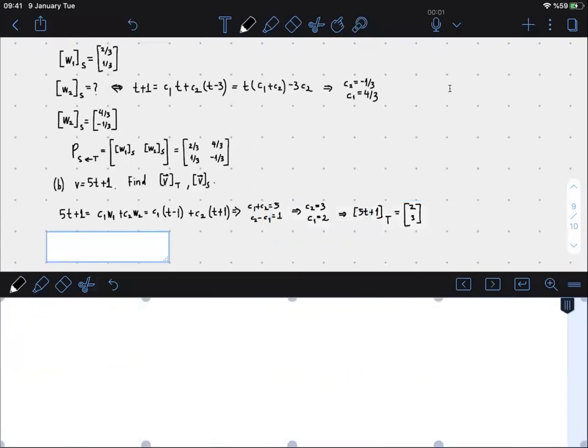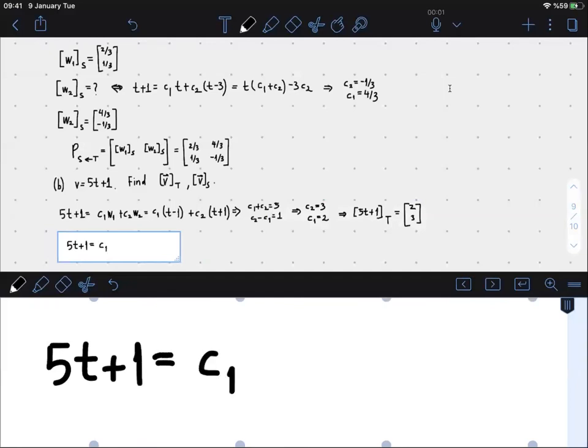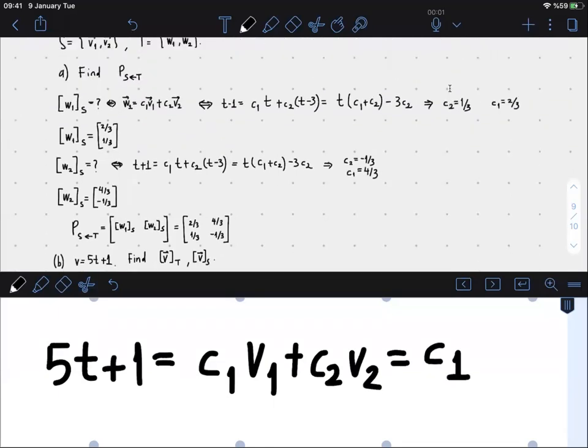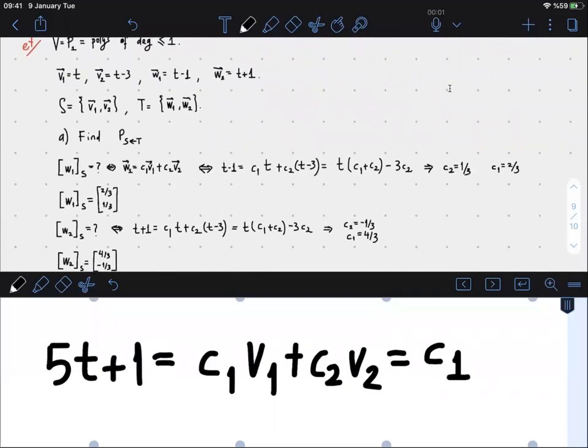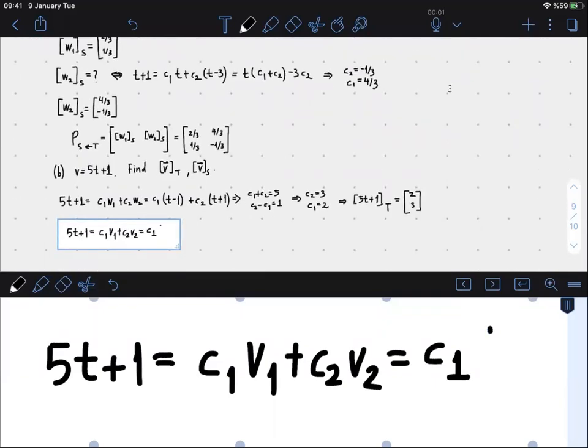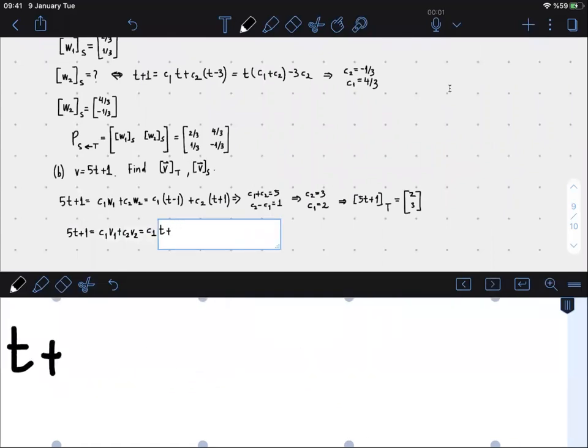Now we can compute 5t plus 1 in S basis in two different ways. One directly and second one using the transition matrix. So let's do both ways. Okay. So let's find 5t plus 1 in S basis using the direct way. So what is the first vector in S basis? It is t and t minus 3. So C1 t plus C2 (t minus 3).